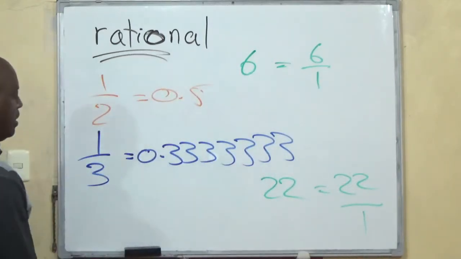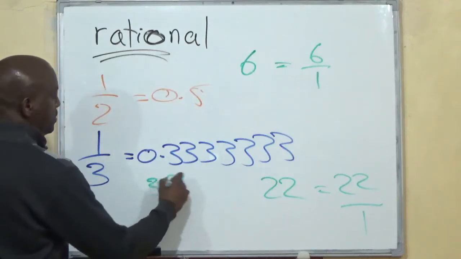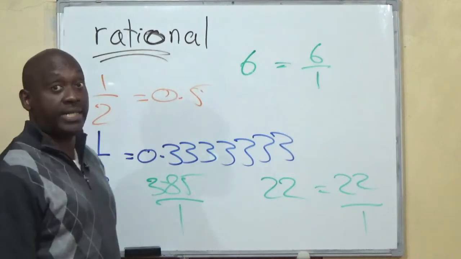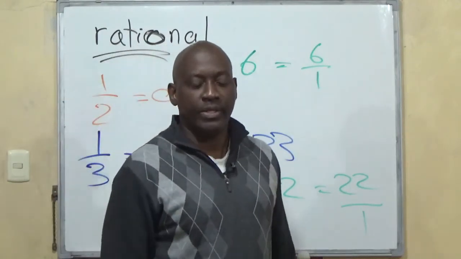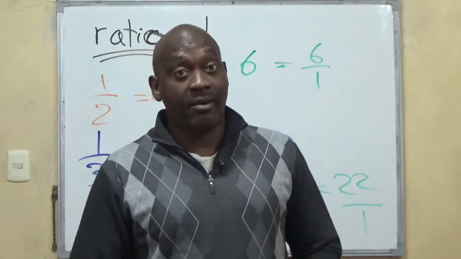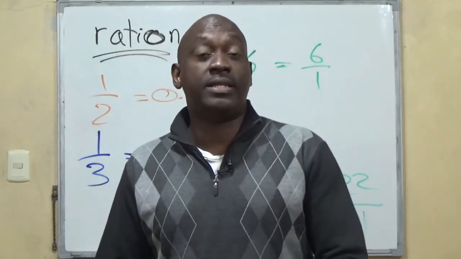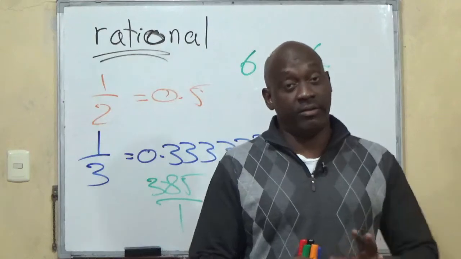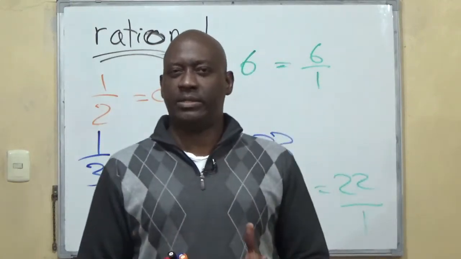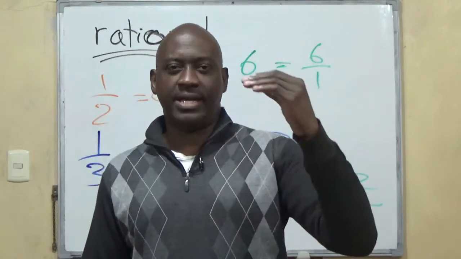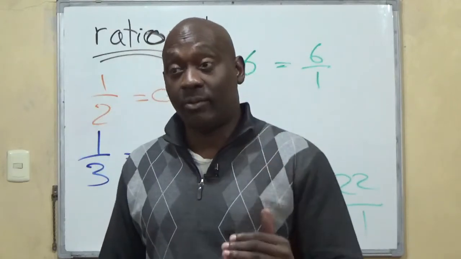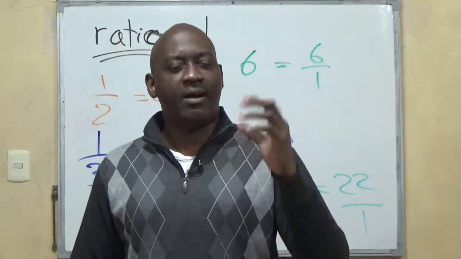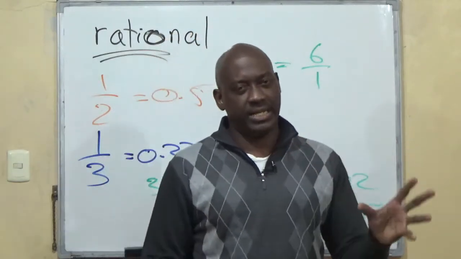If you have the number 385, then 385 could be written as 385 over 1. So you have to understand that even whole numbers come under the category of rational numbers because you could express them as the number itself divided by 1, which is a very important technique in mathematics.